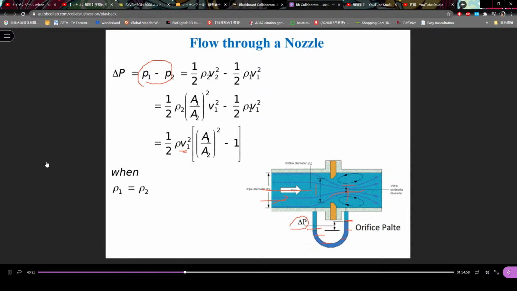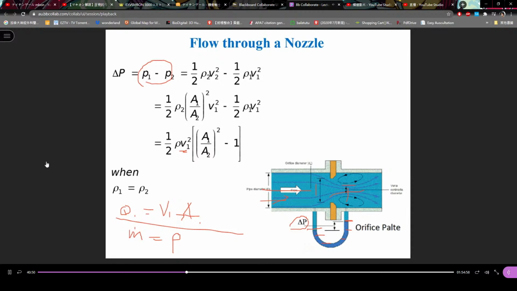If we know the velocity V1, it's easy to find the flow rate: V1 times A1 is equal to what? Q1. If we know Q1, then we know the volumetric flow rate.